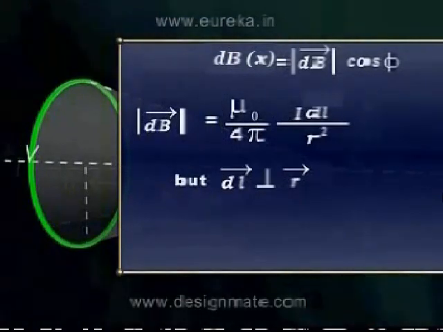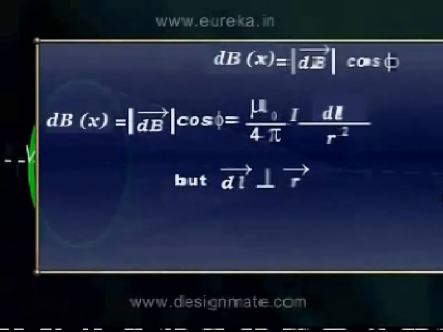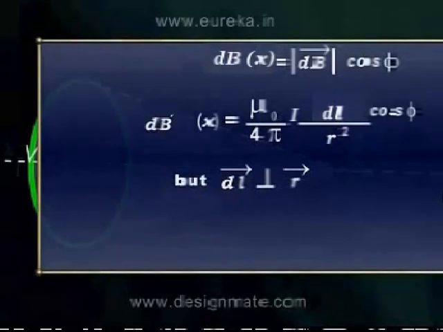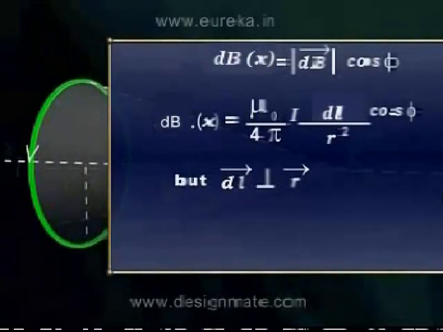Therefore, modulus of vector dB is equal to mu 0 I upon 4 pi into dl upon r square. Therefore, dBx is equal to mu 0 I upon 4 pi into dl upon r square into cos phi.